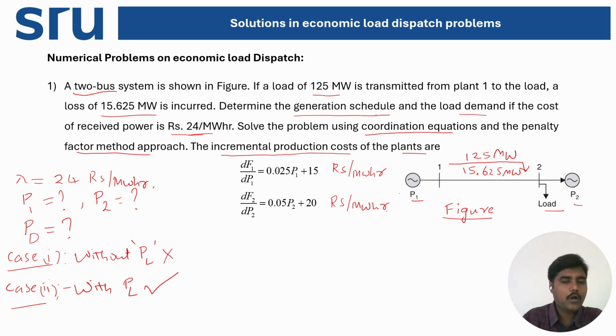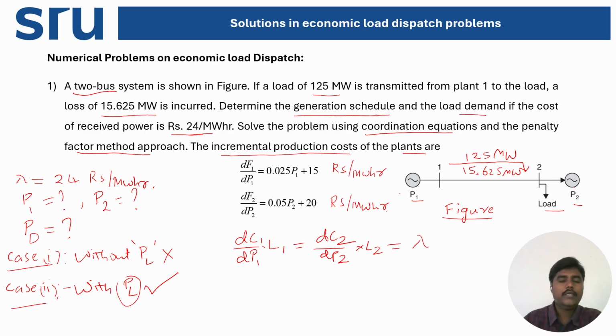Whenever you think about case 2, that means when you consider the power transmission losses, the condition for economic load dispatch is dC1 by dP1 into L1 equal to dC2 by dP2 into L2, equal to lambda. Here I am considering only two terms because the number of plants given in the problem is only 2.